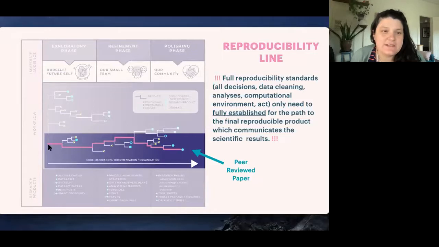So you need to explain how you cleaned the data, how you got to which statistical analysis you used, why you used them, and maybe even supporting what tools you used to get to this final peer-reviewed paper. And I want to illustrate this to give you that break you need, rather than absolutely every single part of your whole research project needing to be fully reproducible.